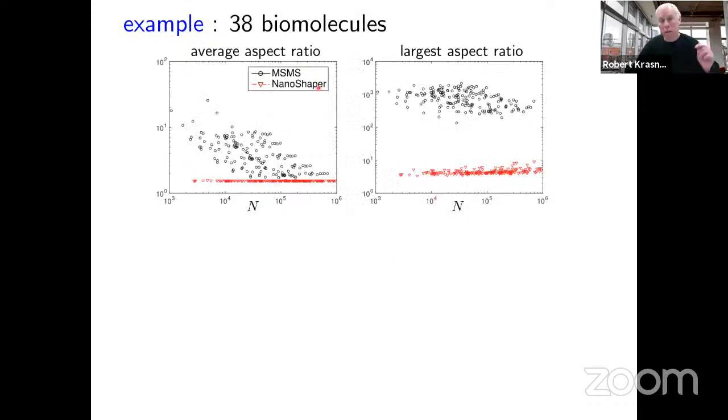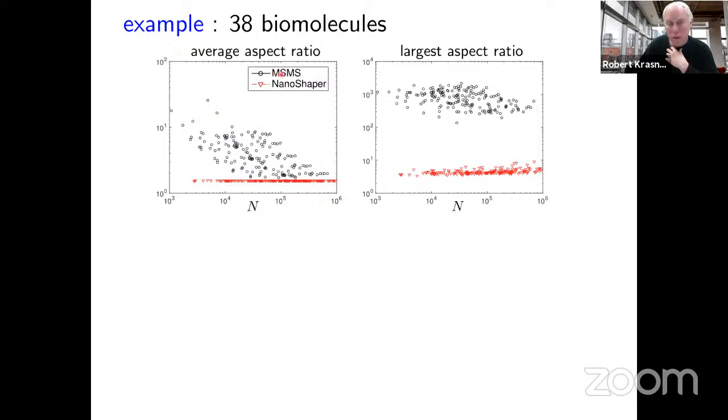The other part of the story: on a test set of 38 biomolecules, and I need to keep time, time is flying, okay. We use 5 different values of the density, 5 different values of the scaling parameter. We get lots and lots of triangulations. We look at the average aspect ratio of the triangles.